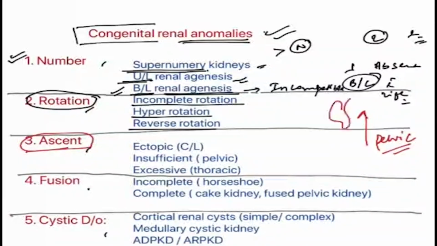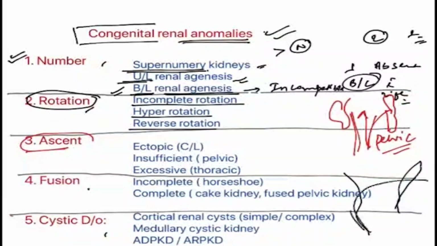Now coming to the ascent defect. Kidneys develop at pelvic level and then they ascend to reach their normal adult position at the level of T12 to L3.